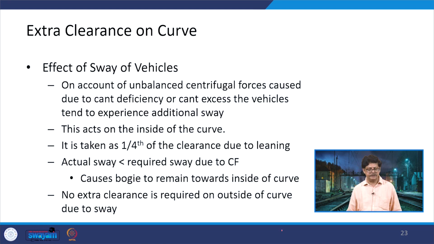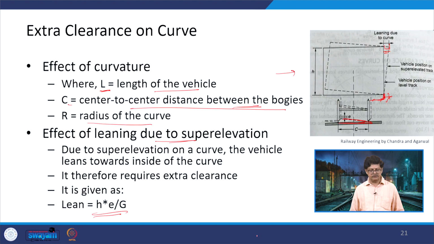Effect of sway of vehicles on account of the unbalanced centrifugal forces which are caused due to the cant deficiency or cant excess, the vehicle tends to experience additional sway, and this acts on the inside of the curve and is taken as 1/4 of the clearance due to leaning. In the case of leaning, the value was h into E divided by g.